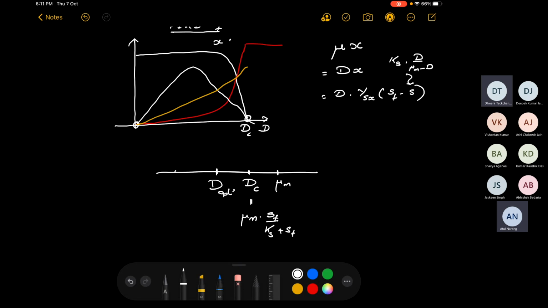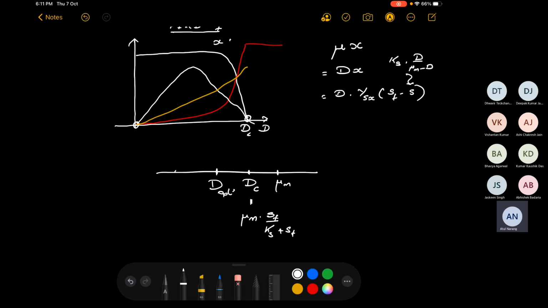Yes, I think it should be 1 minus. I might have made a mistake there. That clearly means that if you put a minus, your D optimum is less than mu m, because you have a minus sign there.